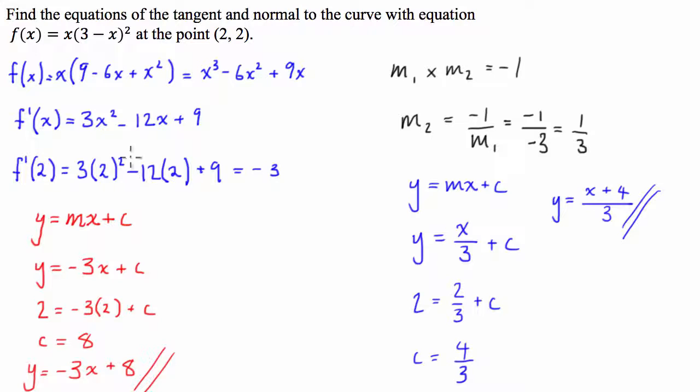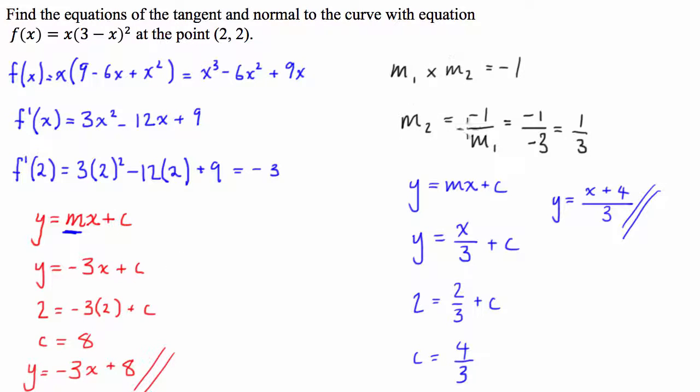We do that to try to find the gradient of the tangent line. Once we've found that, we then substitute it in. We then substitute in our x and y coordinates of our point that they've given us, and we solve for c, and then we have our tangent line.